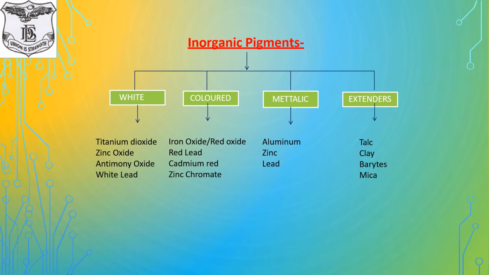Color pigments: iron oxide, red lead, cadmium red, and zinc chromates. We have taken a few names here only for your understanding and as examples. Metallic pigments are aluminum pigment, zinc pigment, and lead pigments. Extenders are talc, china clay, barytes, mica, silica, whitings.